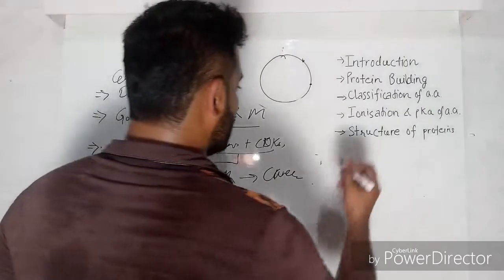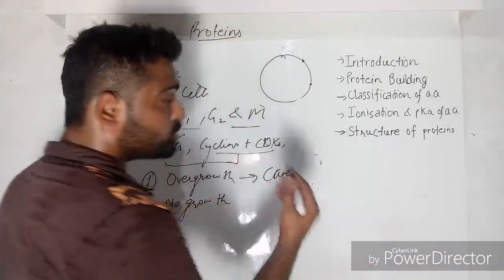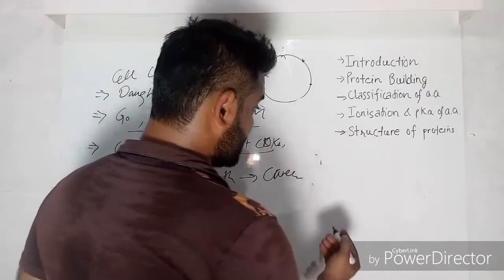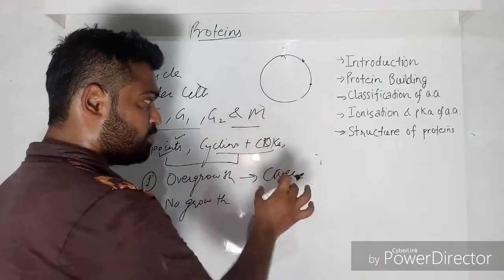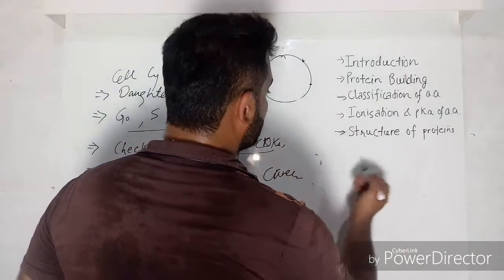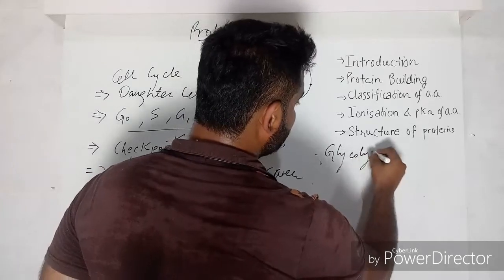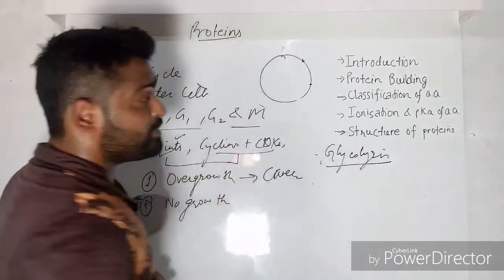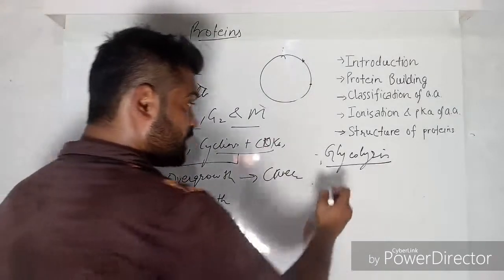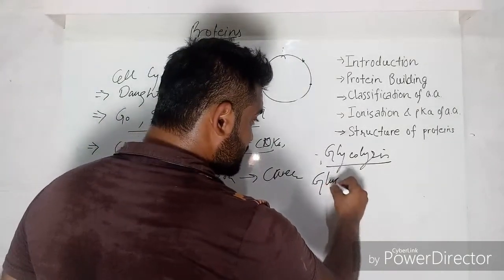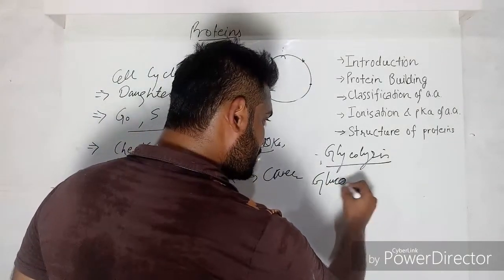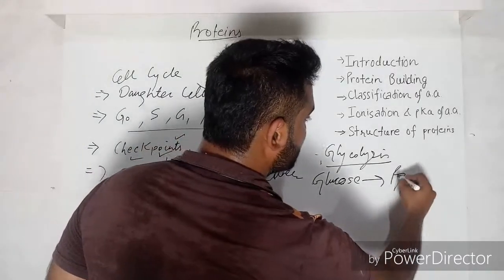Now if we talk about the metabolism of carbohydrates, these sugars also employ proteins to convert one form of carbohydrate to another. Let's take the example of glycolysis. This is an enzyme catalyzed process in which glucose is converted into pyruvate.